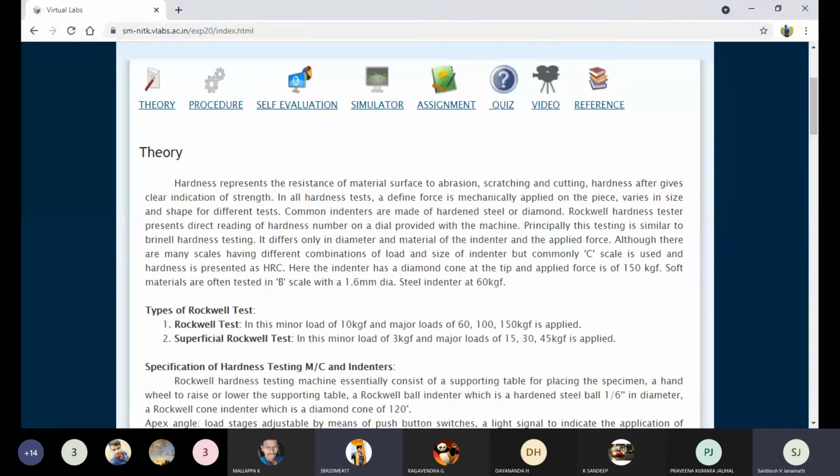For example, I will give you. So kindly mute your mic. See, Shashi Kumar. Shashi, yes, sir. What do you mean by hardness?